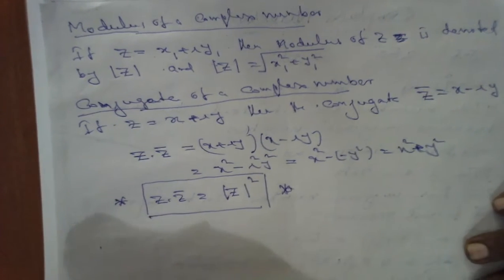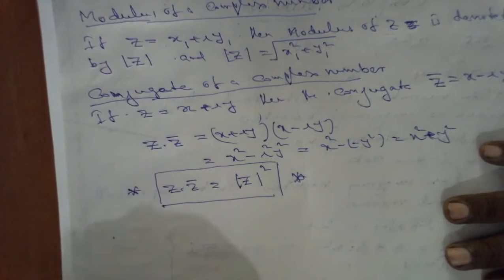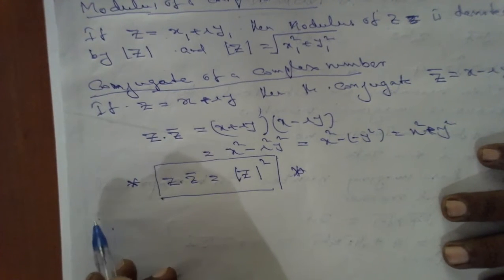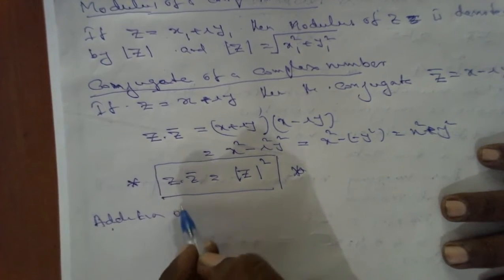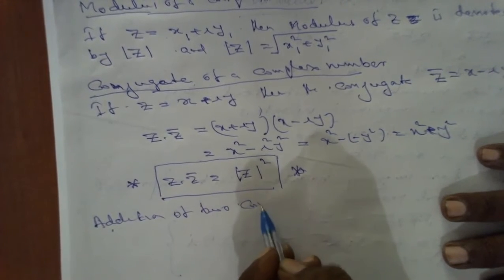So, mathematical operations. Then how do you take the addition of two complex numbers? Addition of two complex numbers.